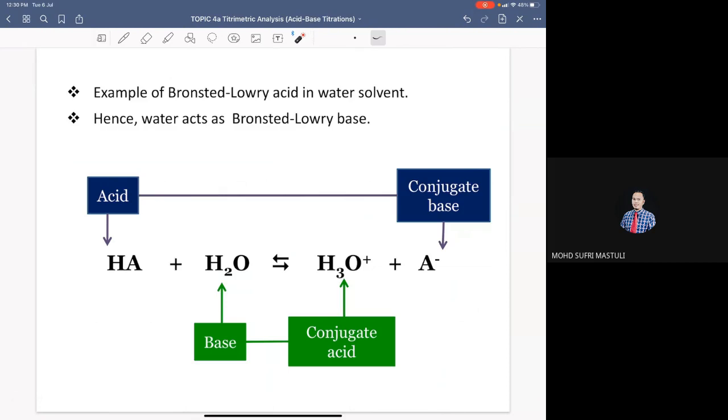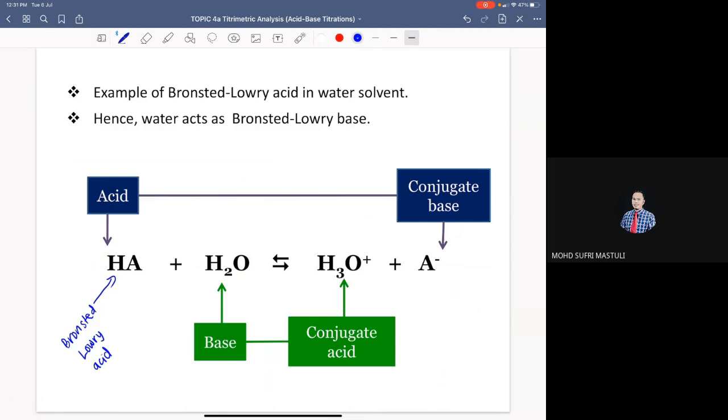For example, we have HA, the Bronsted-Lowry acid.